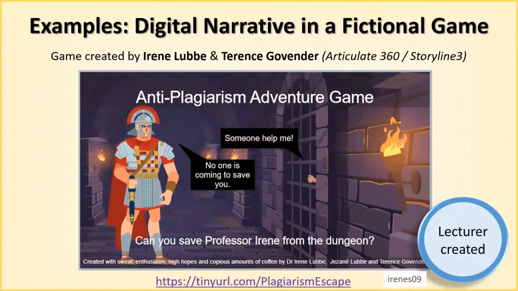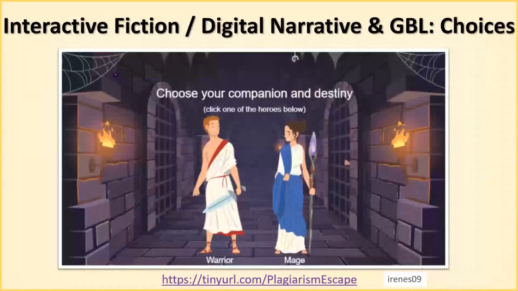But here you, as the student or as the player, are immersed in the game, and you have to solve the riddles, and you as the lecturer can decide whether you want them to do it as individual players or as a group activity. But what we built in here is that you can choose a companion for this journey. Now, you do not necessarily have to have avatars. I know with race and gender and all those things, it's always a tricky thing.